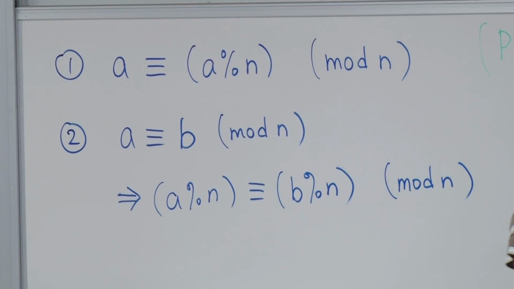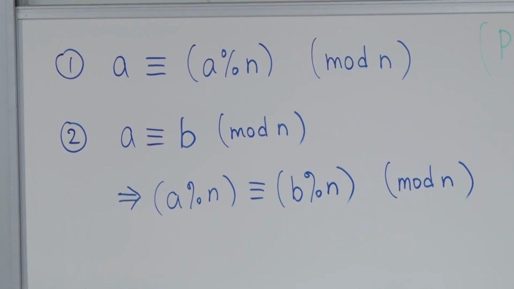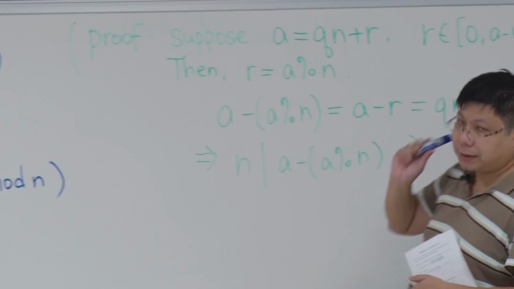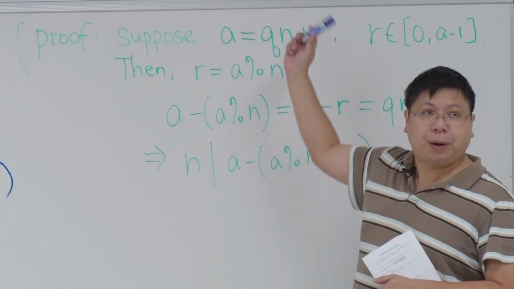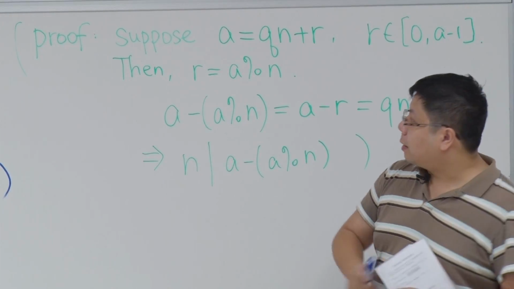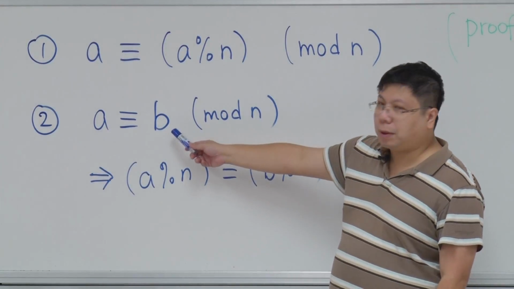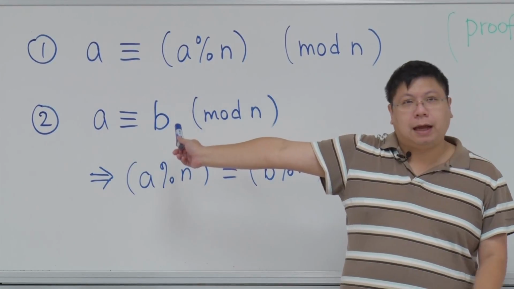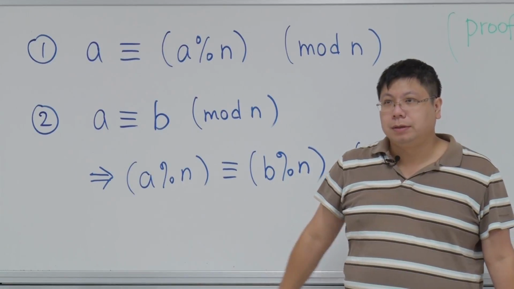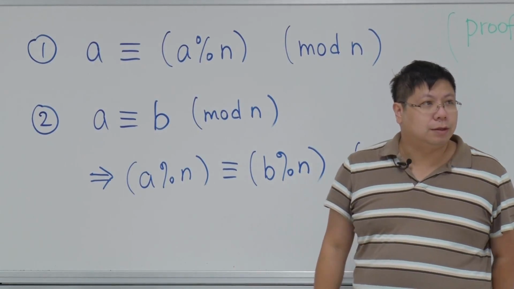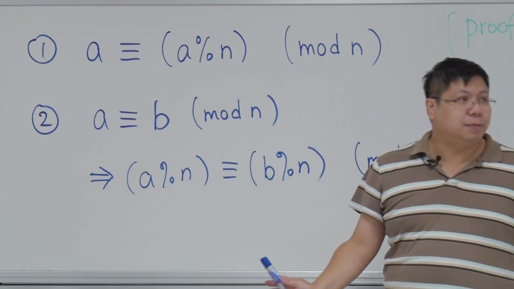Is that okay? For this one, you can also prove this easily using the definition. You write down A equal to Qn plus R, and B equal to Q prime n plus R prime. And then by this one, you get the fact that R prime has to be equal to R. So in that case, we'll have this one equal to this one. So this is going to be easy.